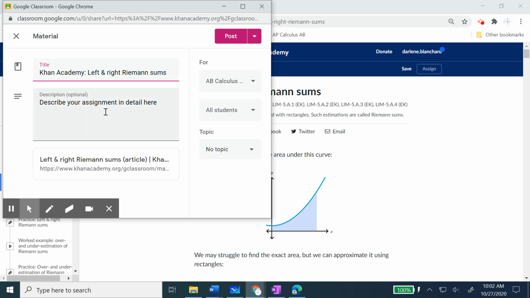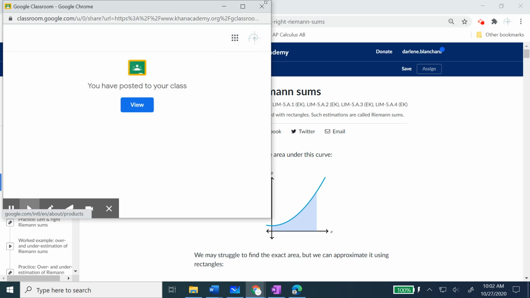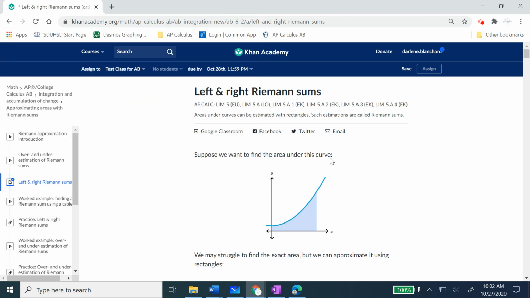And then I'm just going to put not an assign, or for fun. In other words, you don't have to. And I posted it, and then you got the link right there in Google Classroom. Super exciting that I can do that.